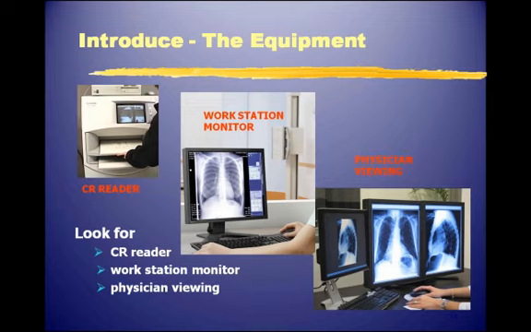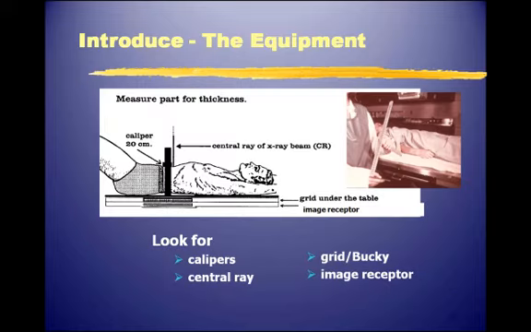And then there's a physician viewing area, which is all monitors, and usually, always I should say, higher resolution than the monitors at the workstation. So anything that's artifacts or degree of quantum mottle, whatever is wrong on that image will be better seen on the physician's viewing monitor. In this image, all that we're seeing is measuring the part through the path of the central ray to determine either patient thickness or part thickness.